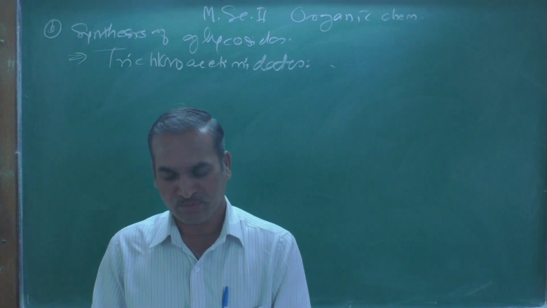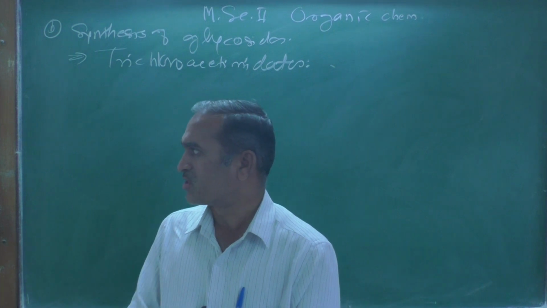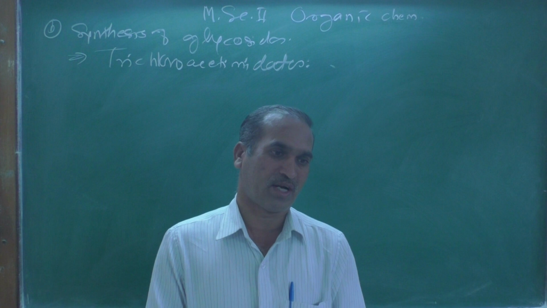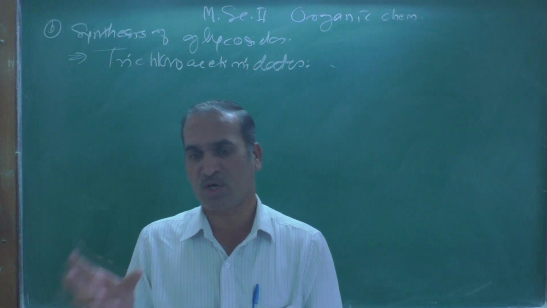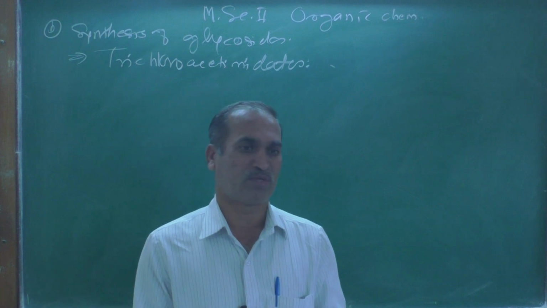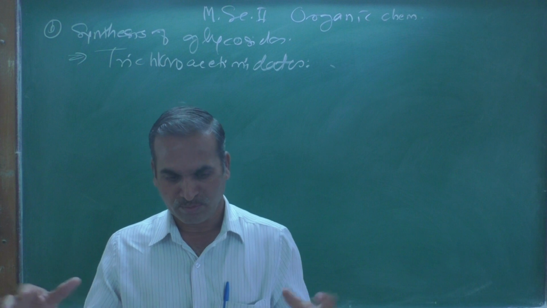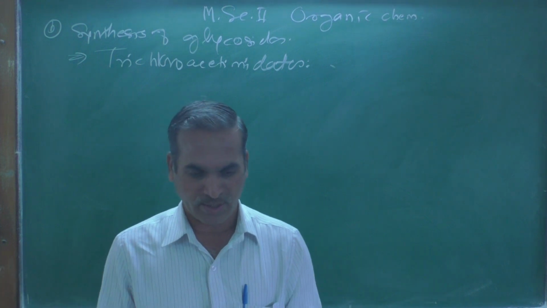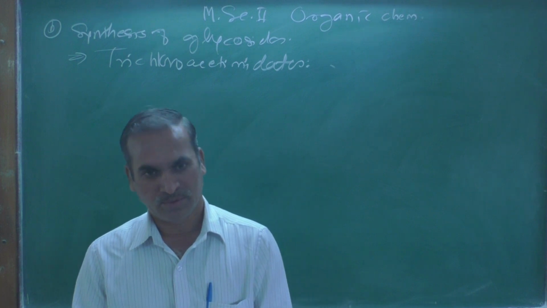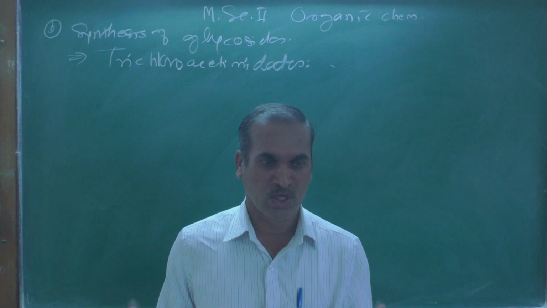We get more selective product, but sometimes an alpha-beta mixture of glycosides, because we are talking about O-glycosides, where an oxygen atom is involved when the bond is formed between two monosaccharide units, giving a disaccharide or an oligosaccharide.